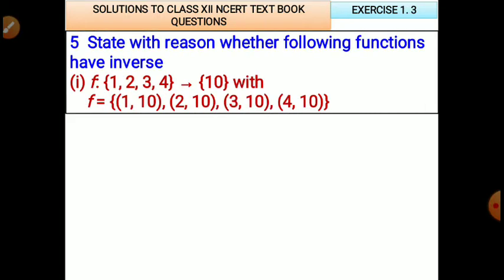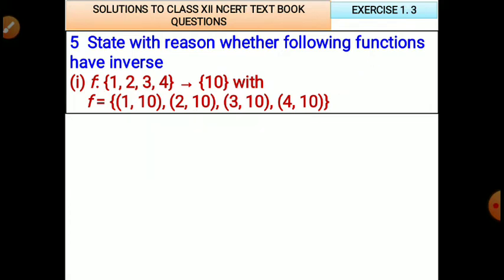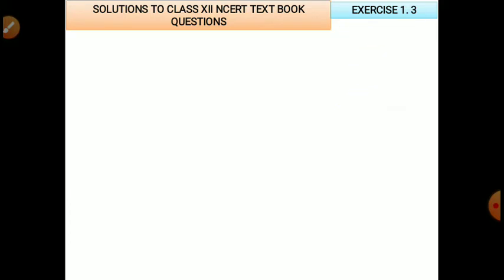State with the reasons whether the following functions have an inverse or not. The function is defined from the domain 1, 2, 3, 4 to 10, as 1 comma 10, 2 comma 10. Can you tell me what type of function this is?